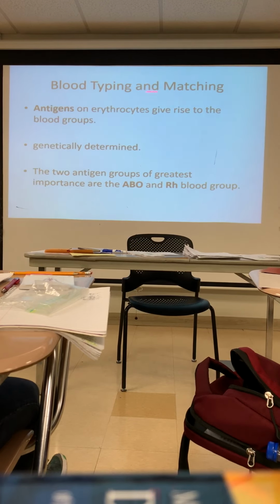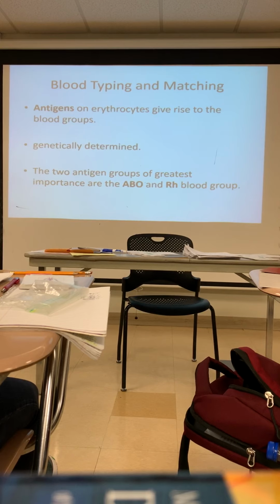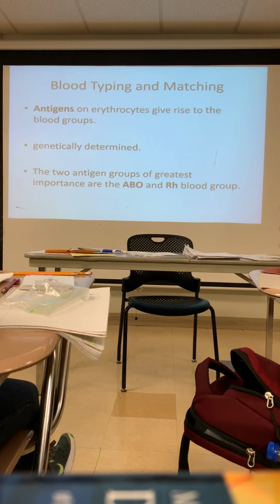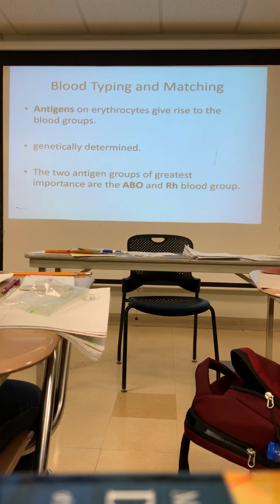Okay. So in the blood, there are two elements for blood typing. One is what you call antigens, and the other is what you call agglutinins. The antigen will be found in your red blood cells, and the other one will be found in your plasma. And they have to match.